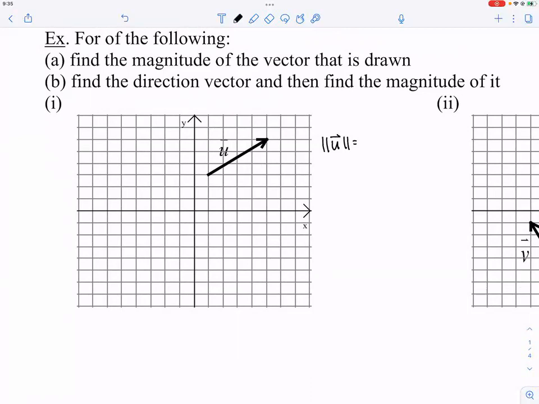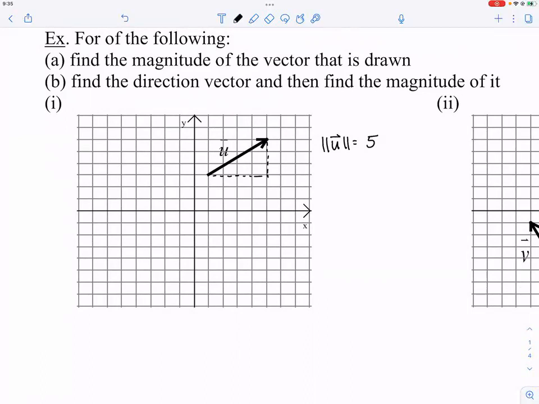If you draw out the triangle right here, you will see that it's a 3, 4, 5 triangle. We can use the Pythagorean theorem, but since we recognize that it's a 3, 4, 5 triangle, you can just say it's 5. Now find the direction vector and then find the magnitude of it.